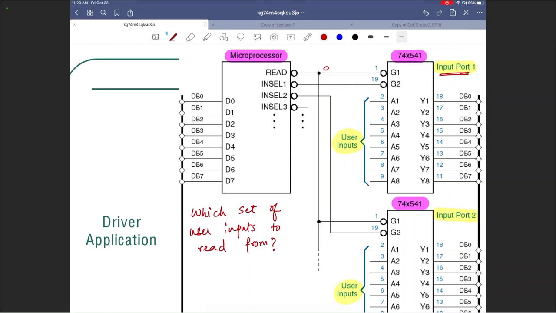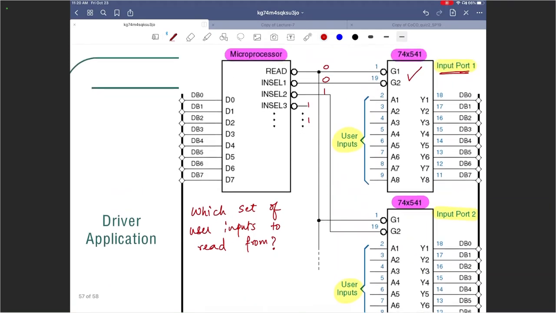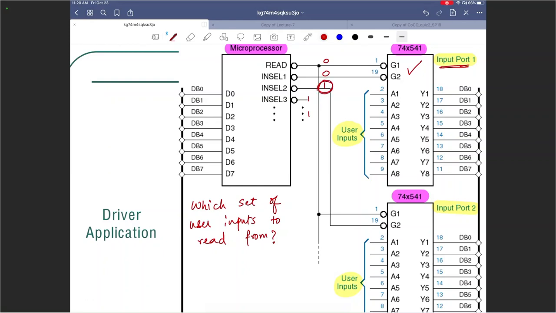How about the second? Input select 1. I will also make this 0. And all the others, I will leave them as 1. All the other input selects, there are only 2 of them here, but the design is being shown for a general case. So if this is 0 and this is 0, then this chip is enabled. However, if you look here, because of this being a 1, this is a 1 there, and this is disabled.